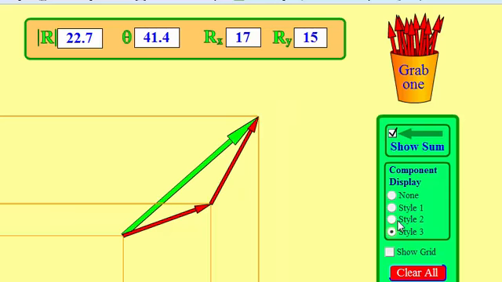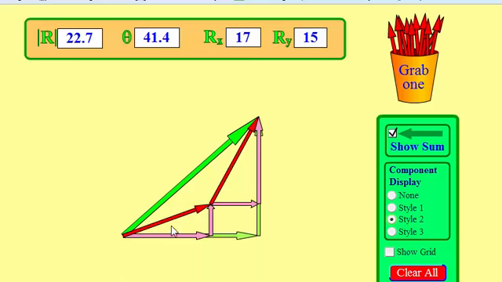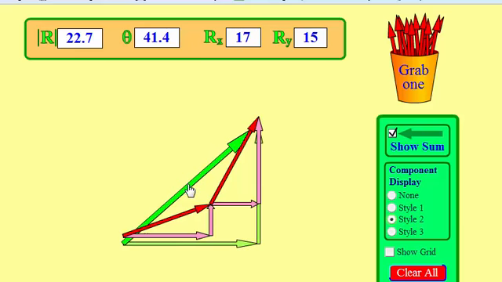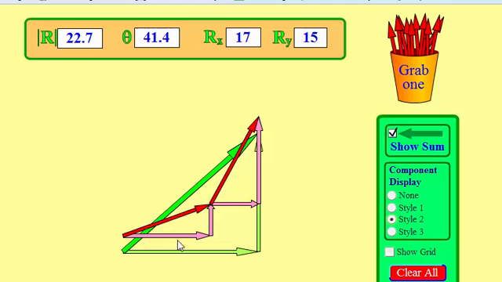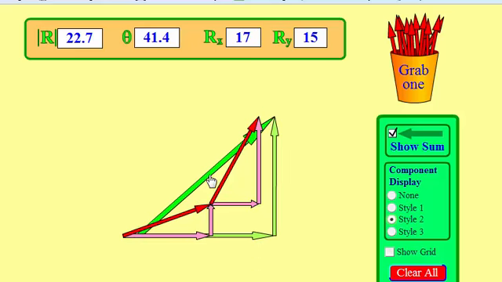So let's try this. And you can see that if I offset that a little bit, the x component of the resultant is equal to exactly the x component of the first plus the x component of the second. That's this one here. And let's offset it a little bit like that. You can see that this one in the y plus this one in the y equals that in the y.